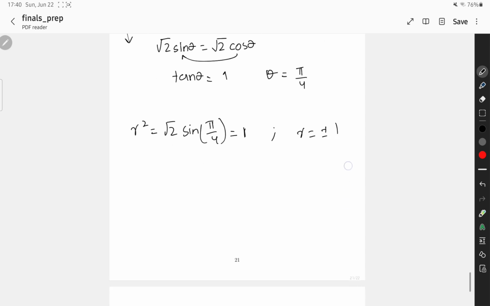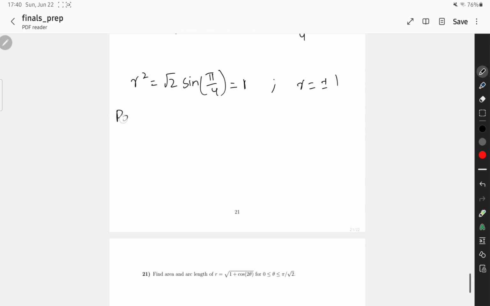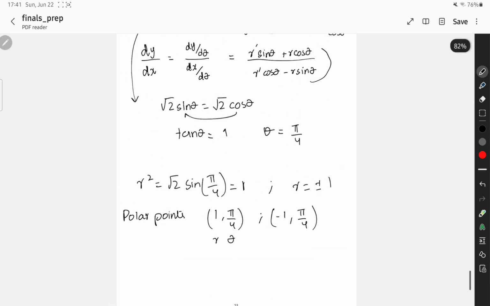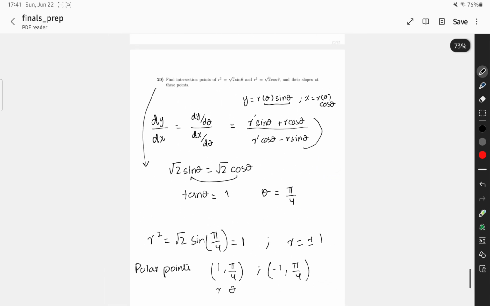So the polar points of intersection are (1, pi by 4), where this is r and this is theta, and (-1, pi by 4). These are the two intersection points. We don't know the shapes of the curves, we could plot them and see, but we'll just go by simple algebra right now.